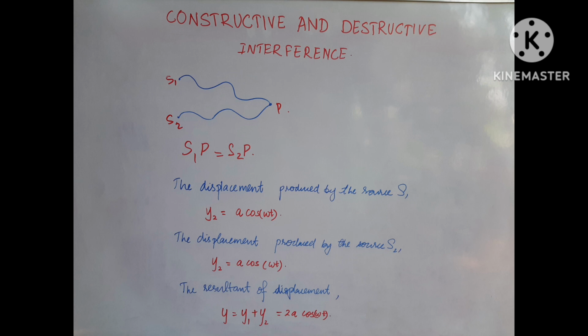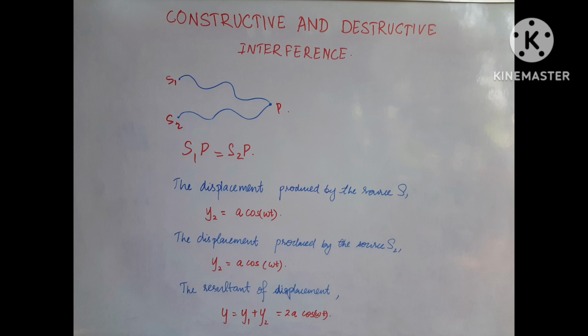So in this case we discuss coherent sources. Why we are calling this a coherent source: at a particular point, the phase difference between the displacements produced by each of the waves does not change with time, then we can say that these are all coherent sources.